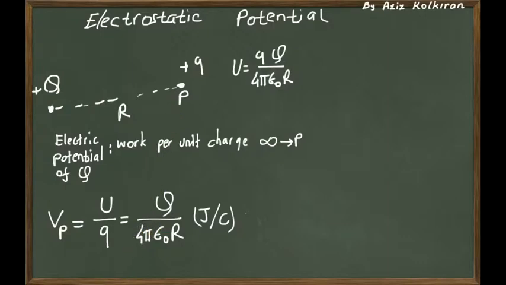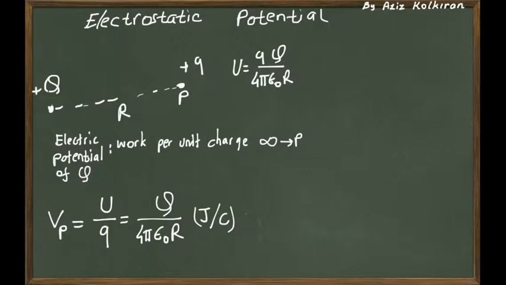So the electrostatic potential can be positive if you have a positive charge, and it can be negative if you have a negative charge. And of course, you can have zero potential everywhere if you have no charges at all. So I hope this is understood clearly.